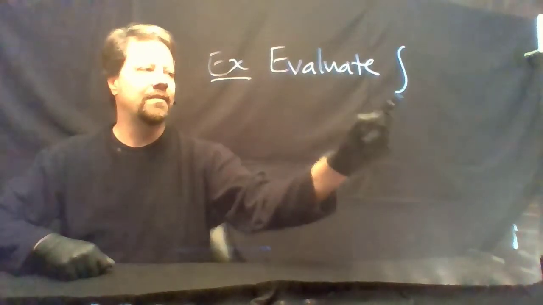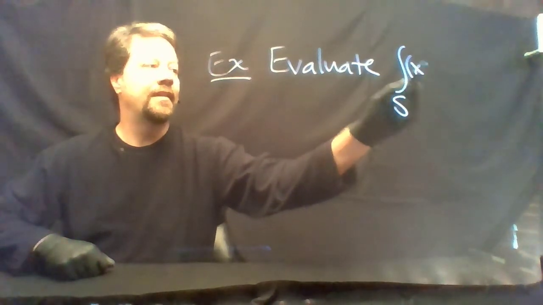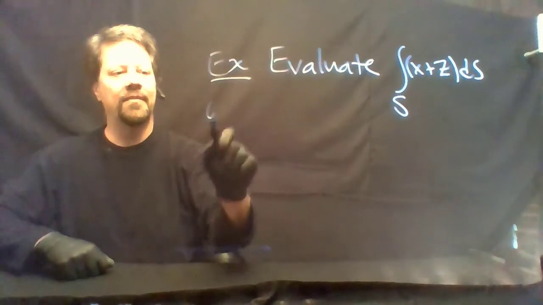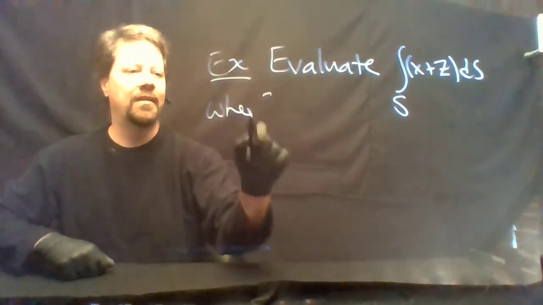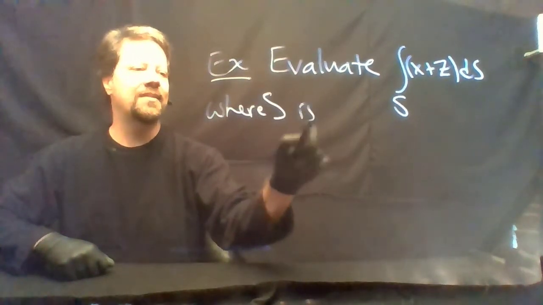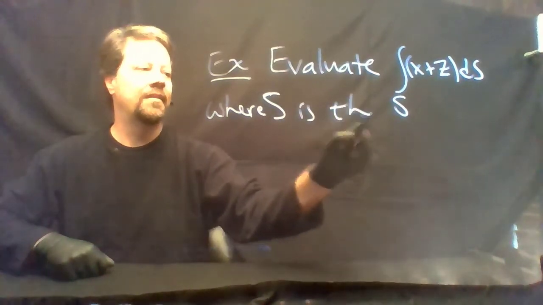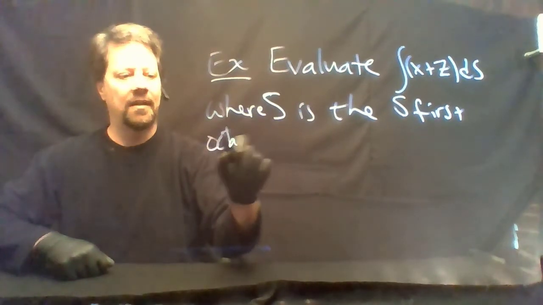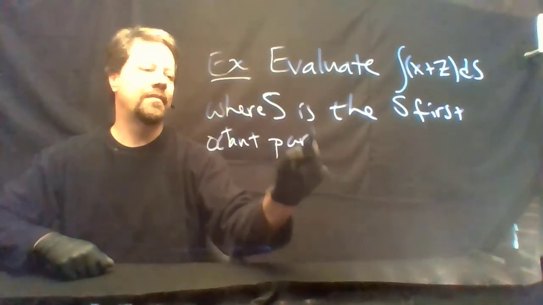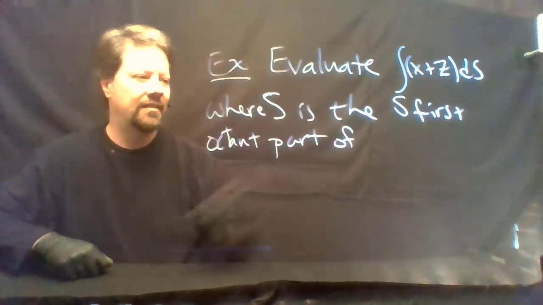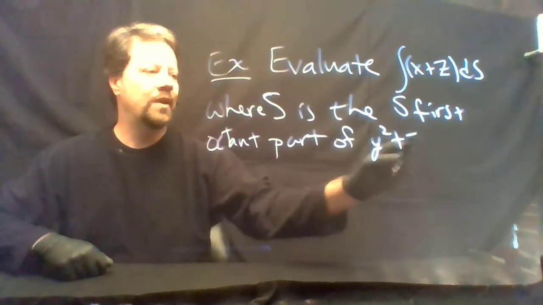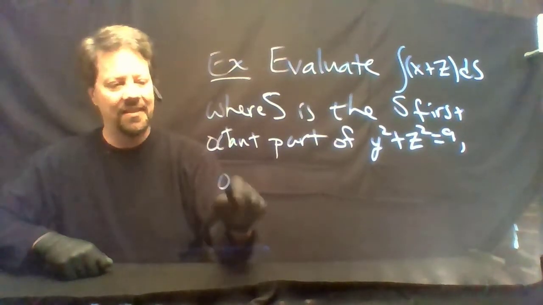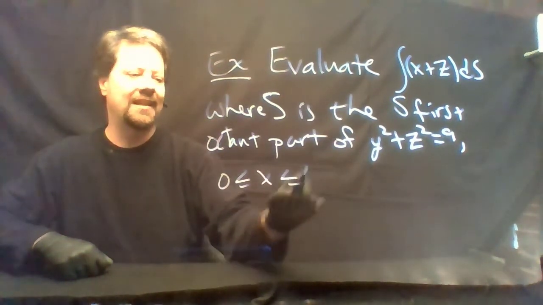Let's evaluate the integral on S of x plus z dS, where the surface S is the first octant part of y squared plus z squared equals 9, and 0 is less than or equal to x is less than or equal to 4.